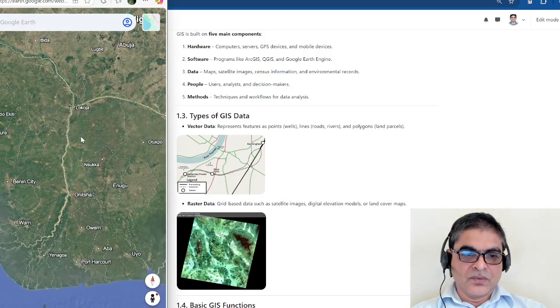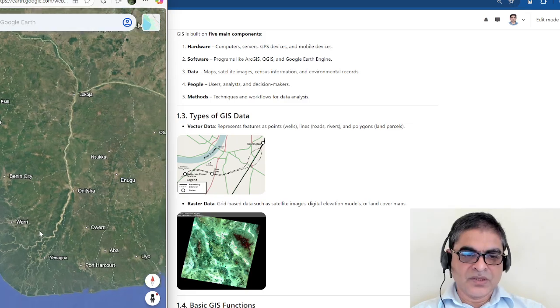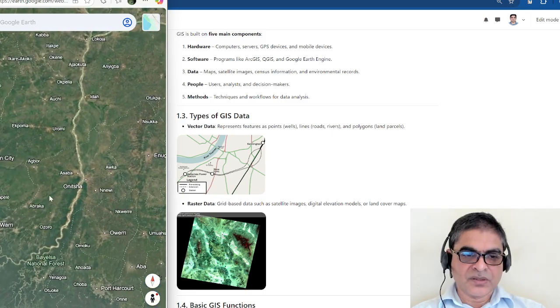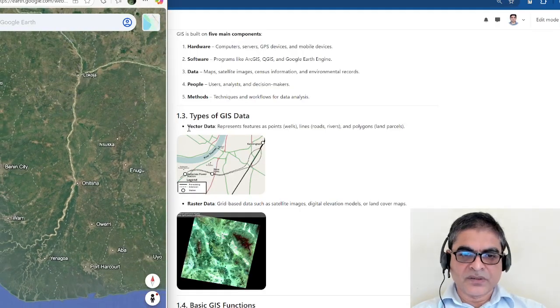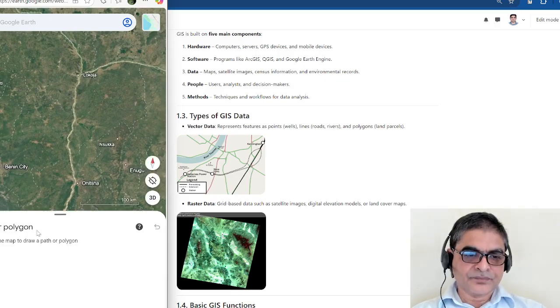When you see the true color image, I mean the background image you see here, the information is continuous. Okay, so let's discuss first the vector data. Let me make a path here. So what is this?